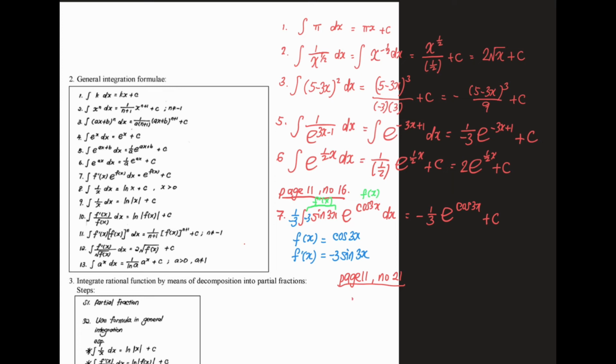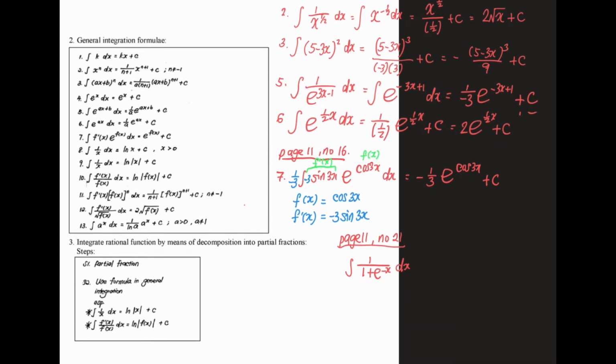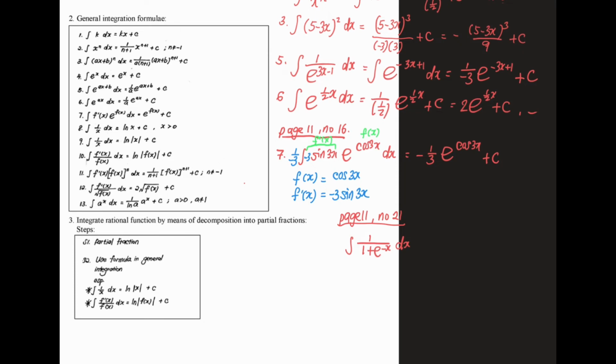So we have integrate 1 over 1 plus e to the minus x dx. For these questions, it is a fraction, so maybe you feel like you want to use the previous formulas like formula 4, 5, 6. Because of the 1 plus exponent, formulas 4, 5, 6 are not applicable, so we have to use formula 10.